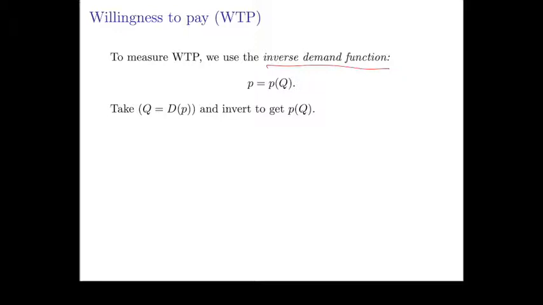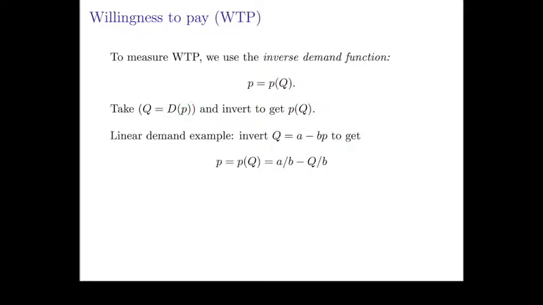But you could just as well solve for price in terms of quantity. So for each quantity, what is the price at which you would be willing to buy that quantity? So you could invert this demand function to get the inverse demand function.